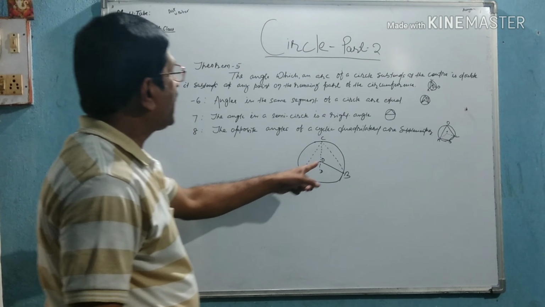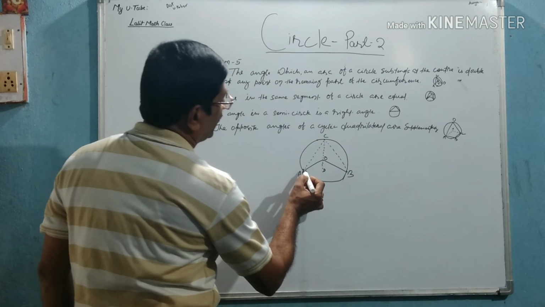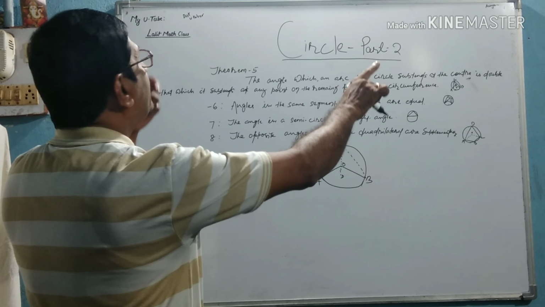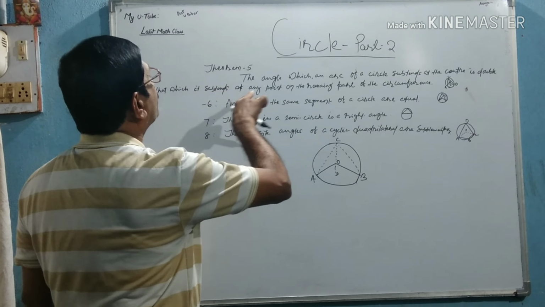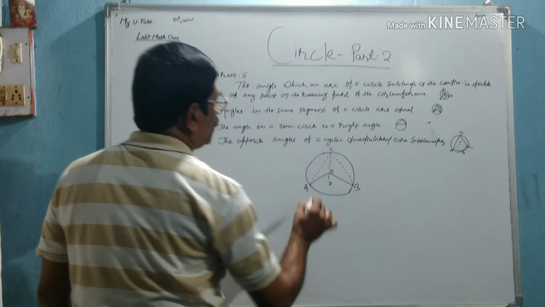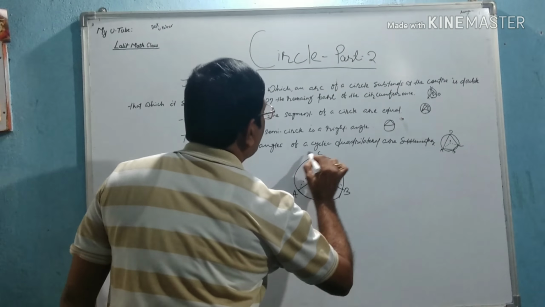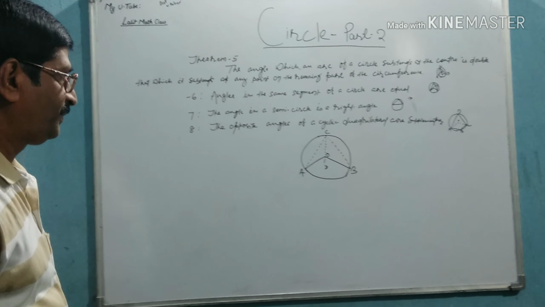So your angle AOB is the angle which has been subtended by the arc AB, and it is double that which it subtends at any point of the remaining part of the circumference. So except for AB, the ACB part is the remaining part of the circumference.